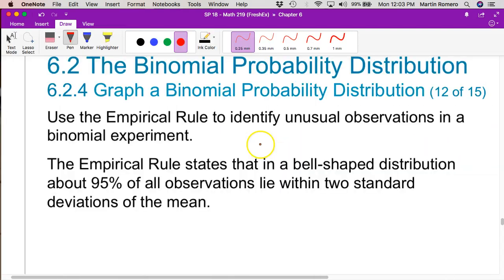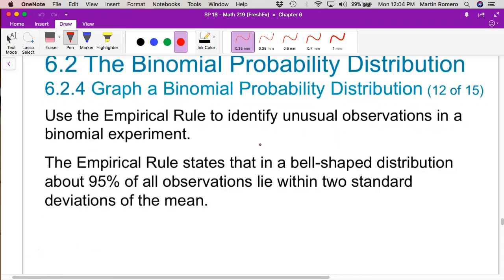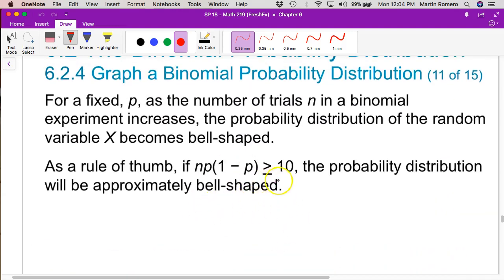To determine that, we use what's called the empirical rule, which we have already learned before. One thing we learn from the empirical rule is that 95% of the observations lie within 2 standard deviations of the mean.